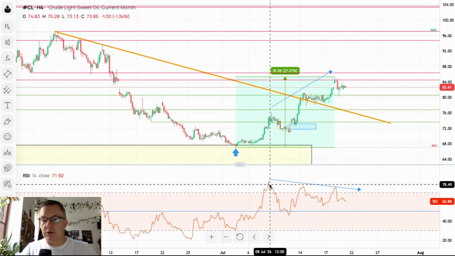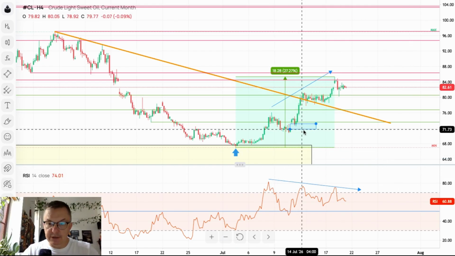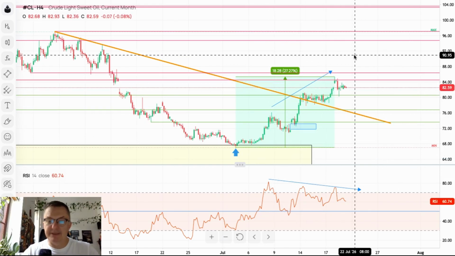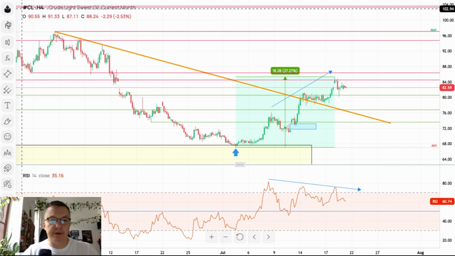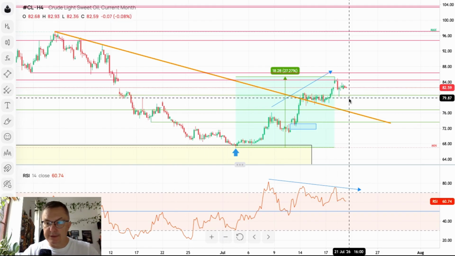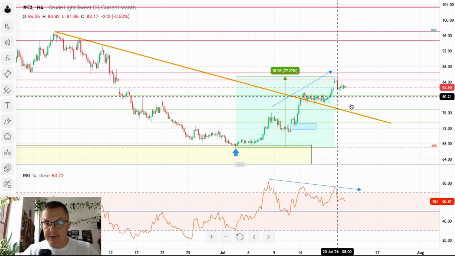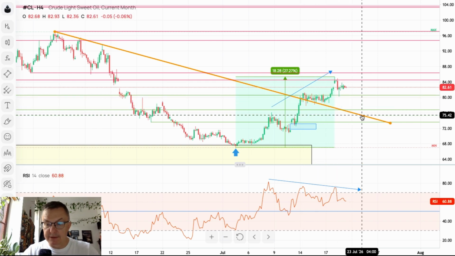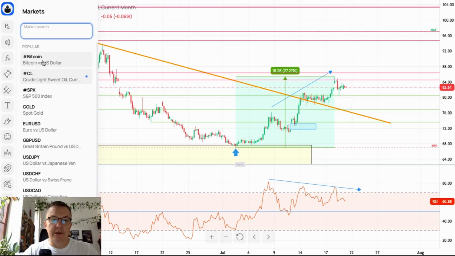Nevertheless, it's still strong momentum. So this situation is telling us that the movement to the upside might be corrective, and it's waiting for some sort of pullback or correction, especially if this level here, 80.54, or especially even if this area here is violated and the market goes lower towards the level of $75.